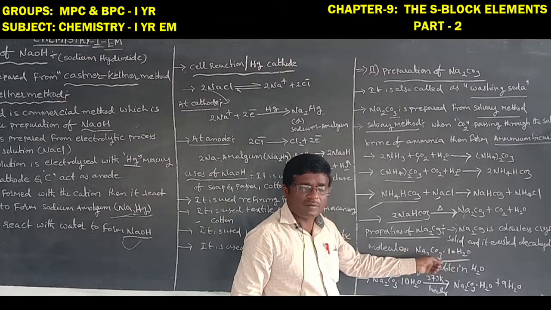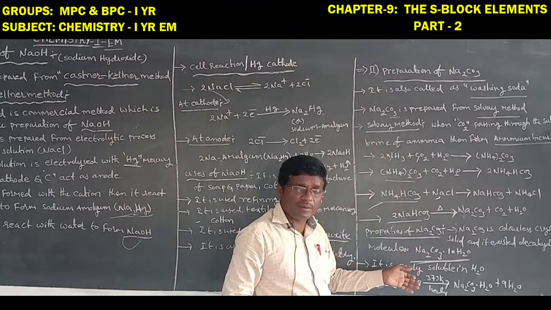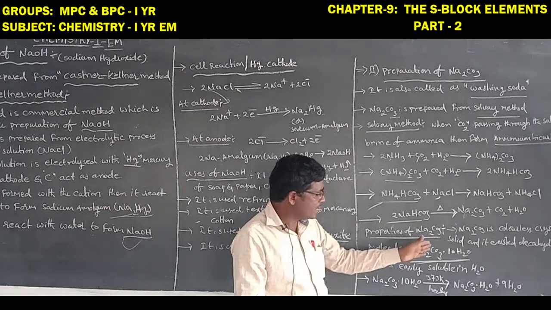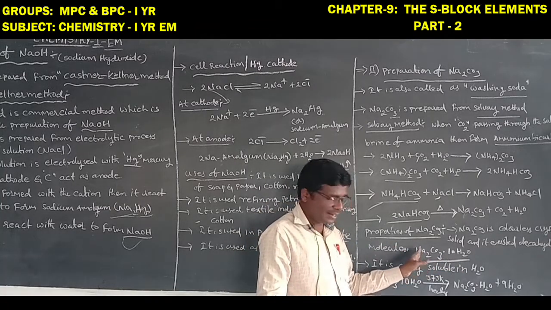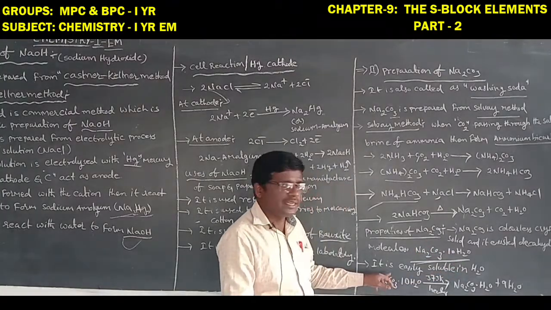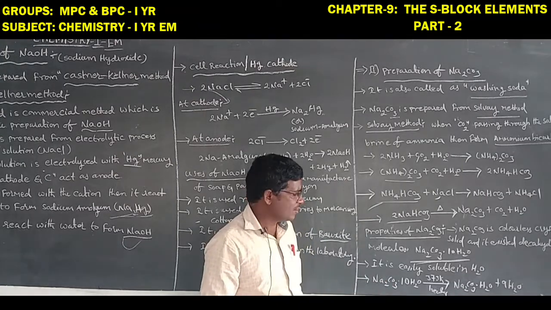It contains 10 moles of water molecules. The general formula of decahydrated sodium carbonate is Na2CO3.10H2O. It is easily soluble in water.